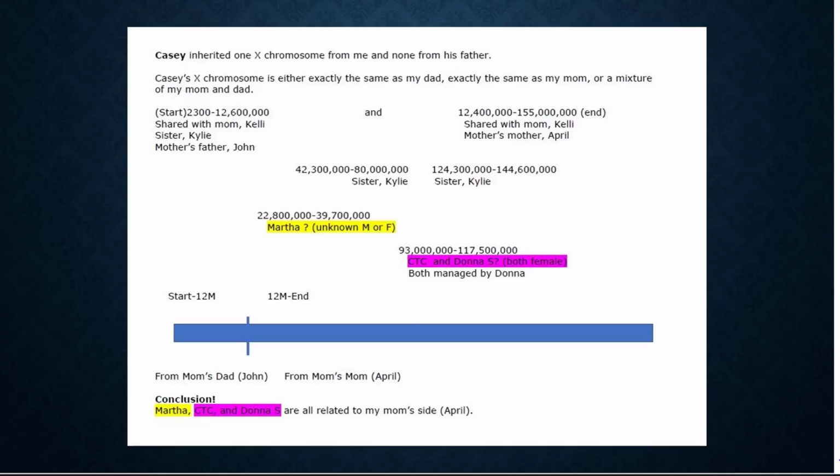We can determine that Martha and CTC and Donna S. are all related on my mom's side because their match is in that longer piece that was from my mom. We're not going to go through every screen here, but we systematically analyze each person on the chart. We start with the men because they only have one X, so it's easier.